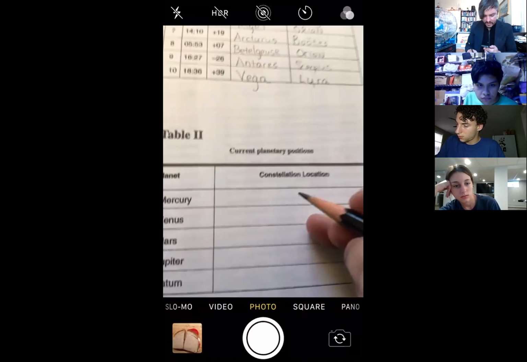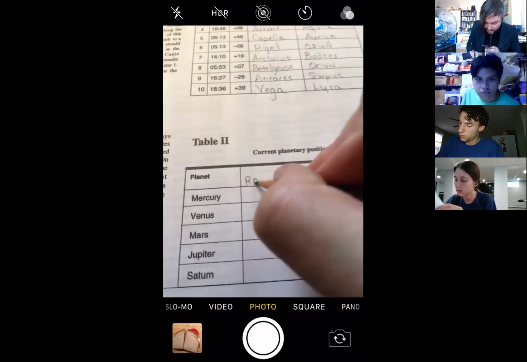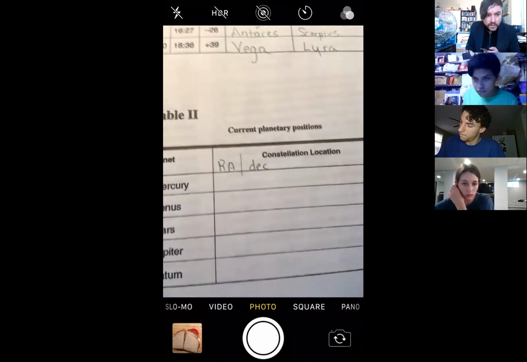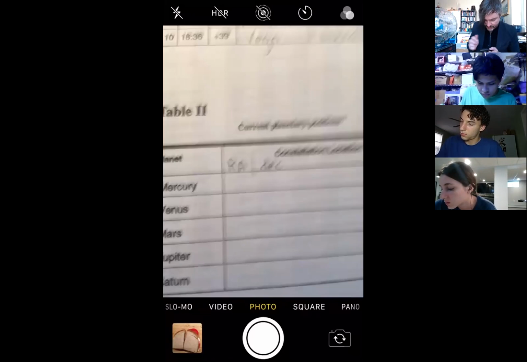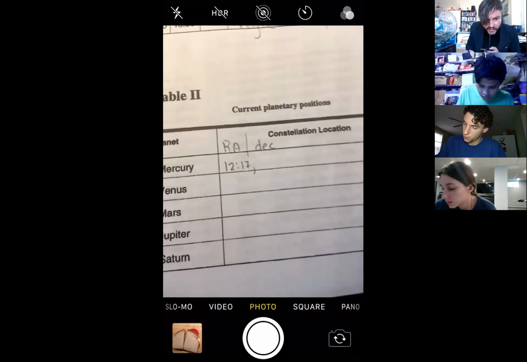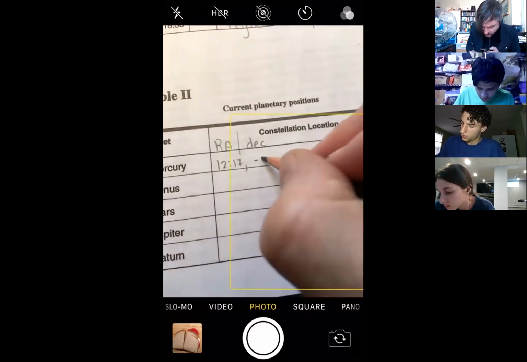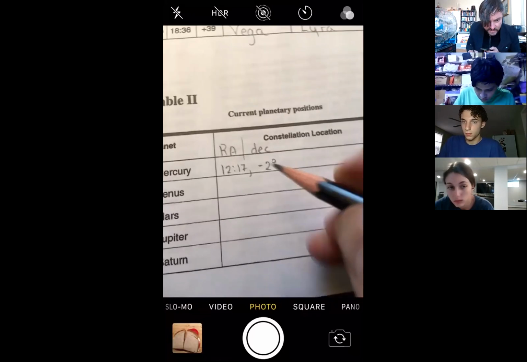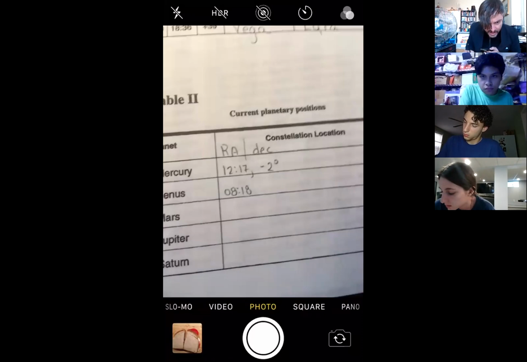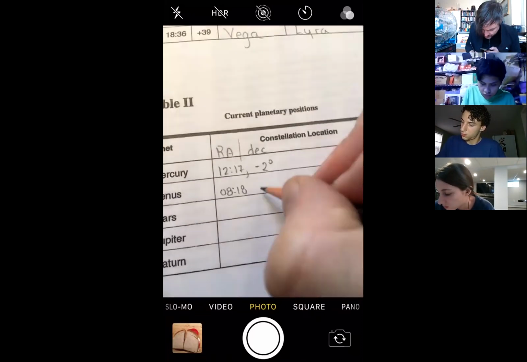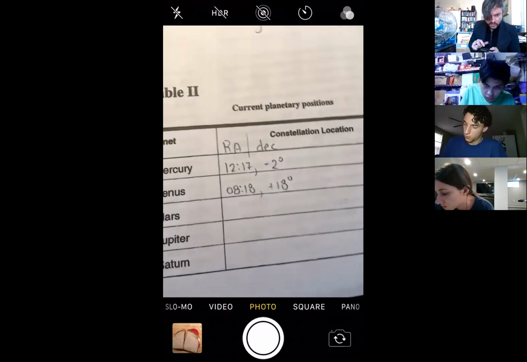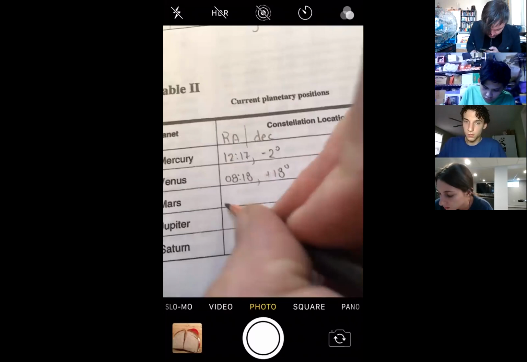I want you guys to write after me, okay? So we're going to do an RA and a DEC. These are for the planets tonight. For Mercury, it's 1217. That's the right ascension. And the declination is basically -2 degrees. For Venus, it's 818 and positive 18 degrees. For Mars, it's 1 hour and 50 minutes.